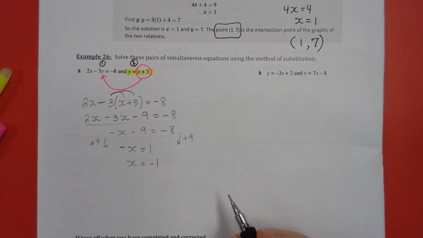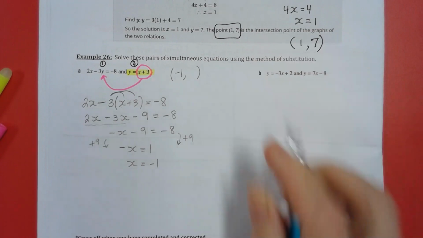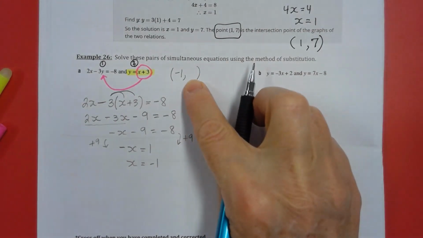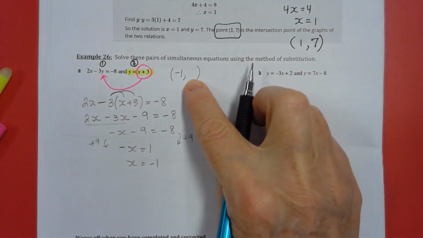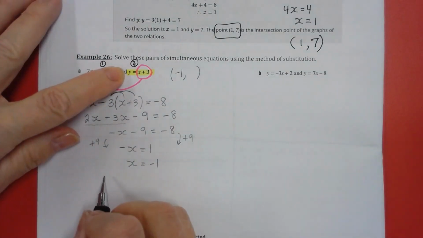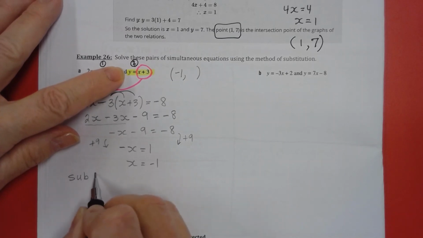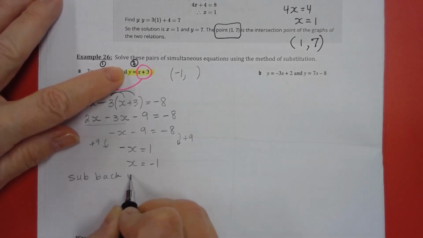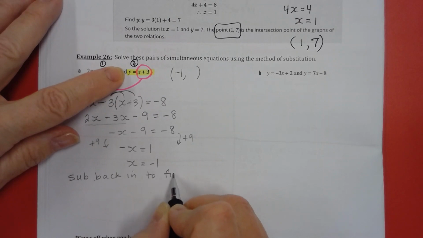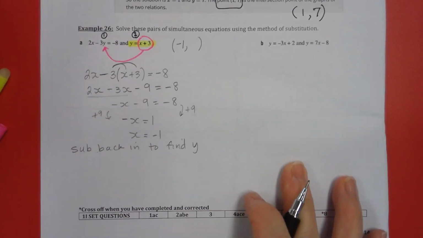All right, now, I found part of the answer, and it's that negative 1 right there. How am I going to find that part of it? Yep, I'm going to go into equation 2 because it's solved for y. So I'm going to write sub back into find y for my note-taking skills.